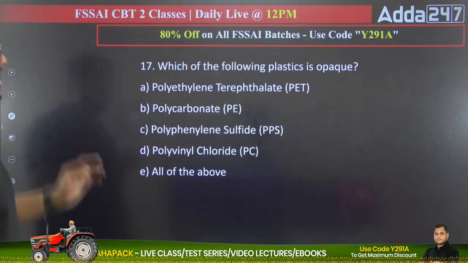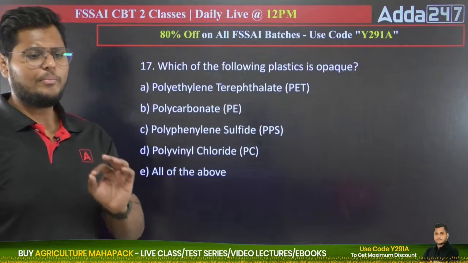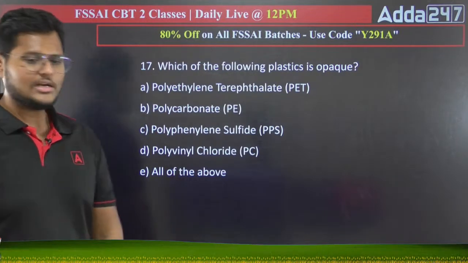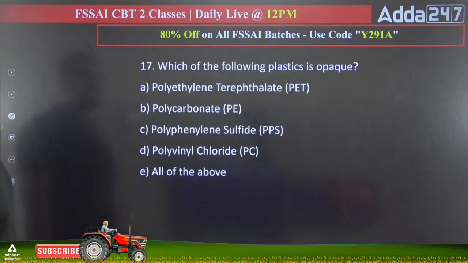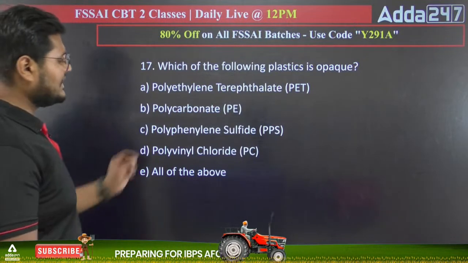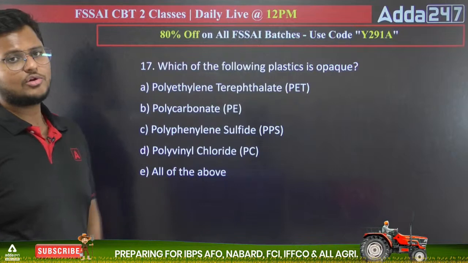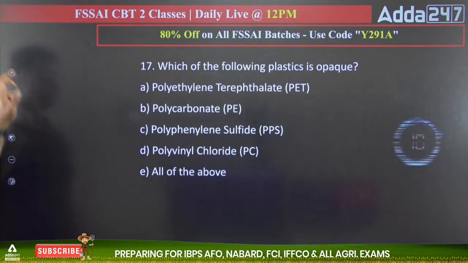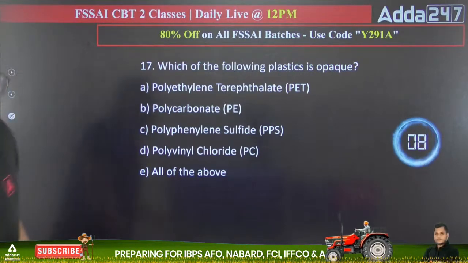Number 17. Which of the following plastics is opaque? Okay, polyethylene terephthalate, that is PET, PE, polycarbonate, polyphenylene sulfide, PPS, polyvinyl chloride, PVC, or all of the above. Come on guys, answer.